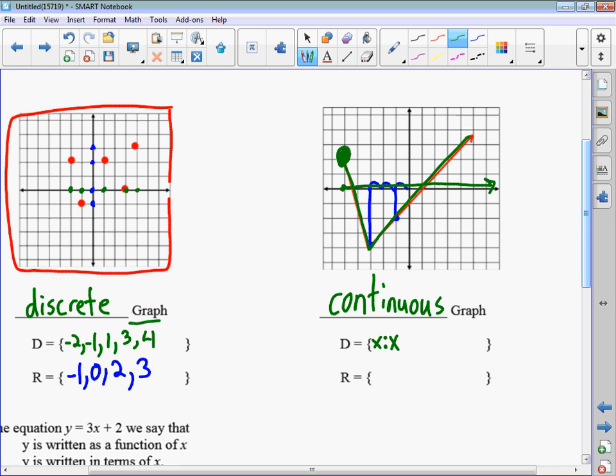So we're going to say that x is greater than or equal to negative 5. For the range, it stops down here and cannot go any further. That's at negative 4. So y such that y, and now it's getting bigger. If we look in this direction, it gets bigger and bigger to infinity. So we are going to say y is greater than or equal to negative 4.